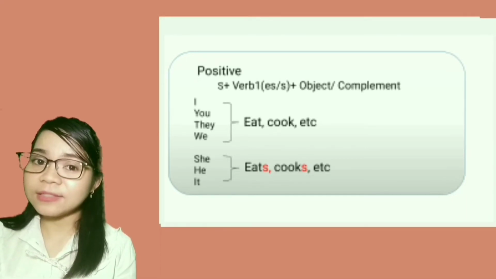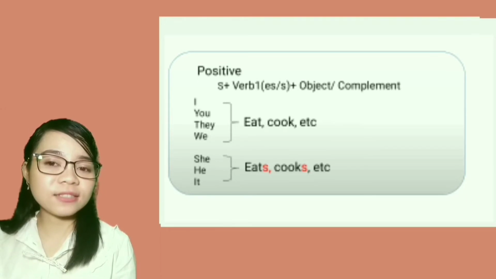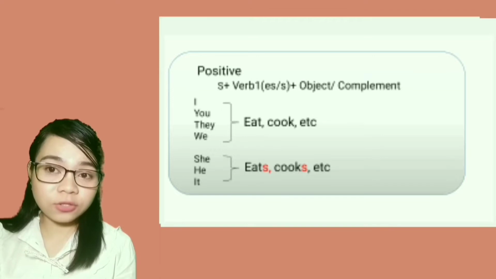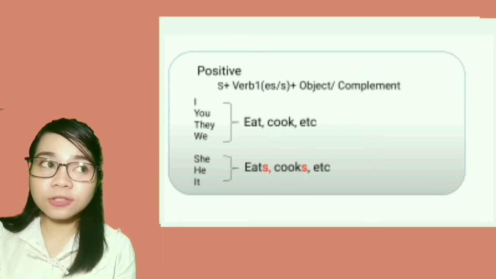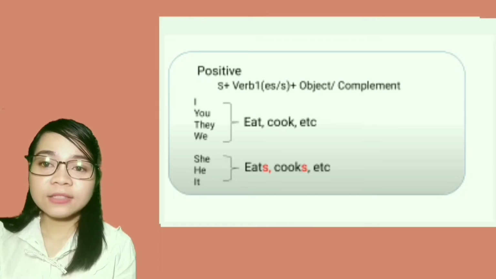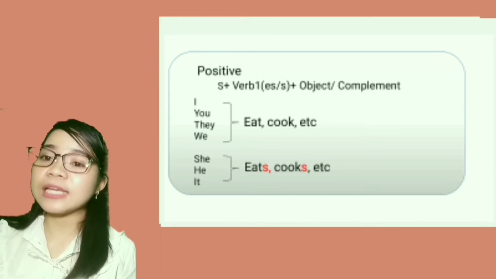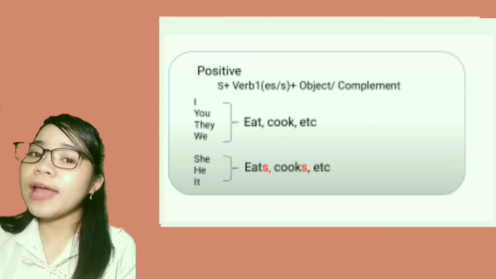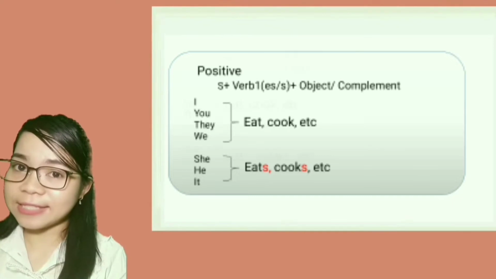For example, she eats, she cooks, she goes, he cooks, he eats. So remember, if the subject is she, he, it, you need to put s or es.